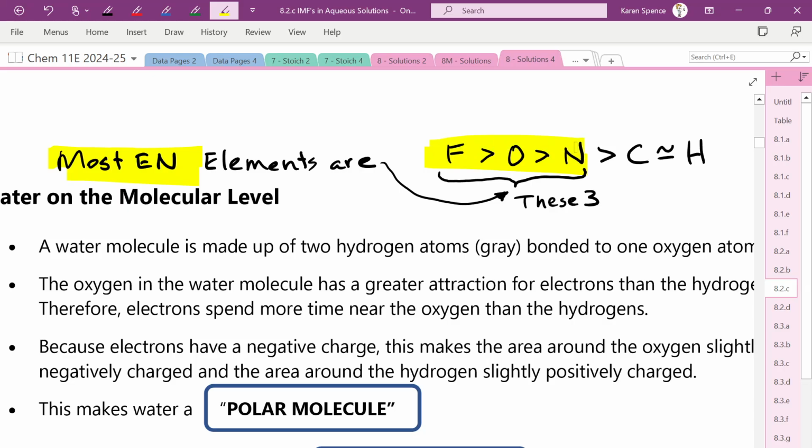So there's FON. Those are your most electronegative. And then the other ones, we're just putting them there so you know that they are less than nitrogen, but they're approximately equal to each other. Carbon and hydrogen have very similar electronegativities.